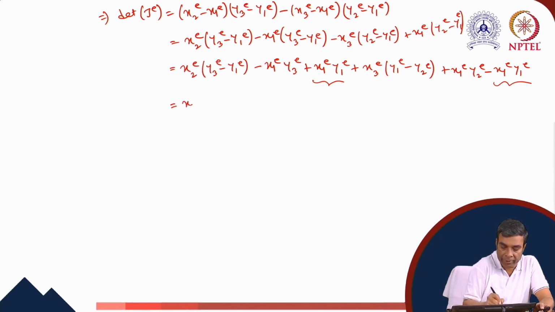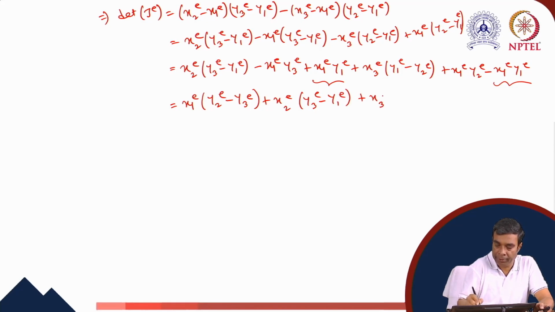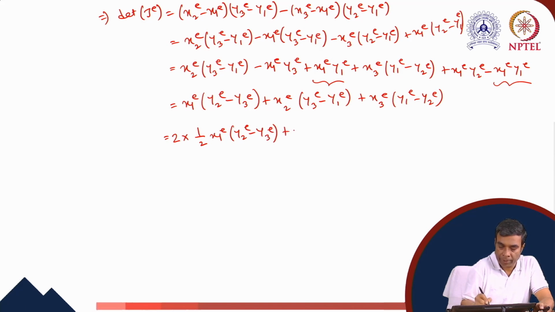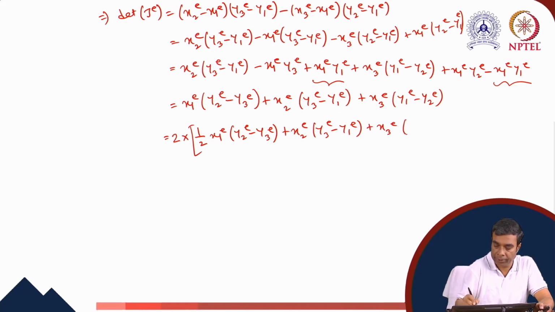So this can be written as x1e into y2e minus y3e, plus x2e into y3e minus y1e, plus x3e into y1e minus y2e, equals 2 into half of x1e into y2e minus y3e plus x2e into y3e minus y1e plus x3e into y1e minus y2e.